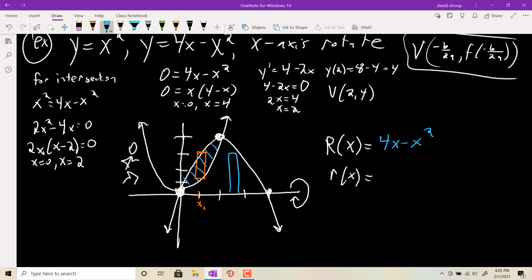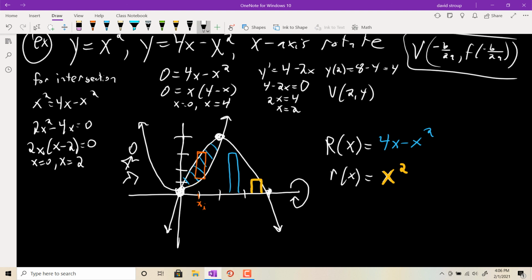Little r of x then is the distance from the x-axis, so we'll do this in yellow, to the base of the red rectangle. So it's basically this distance. That distance is given by the y equals x squared curve. So little r of x is just going to be x squared.